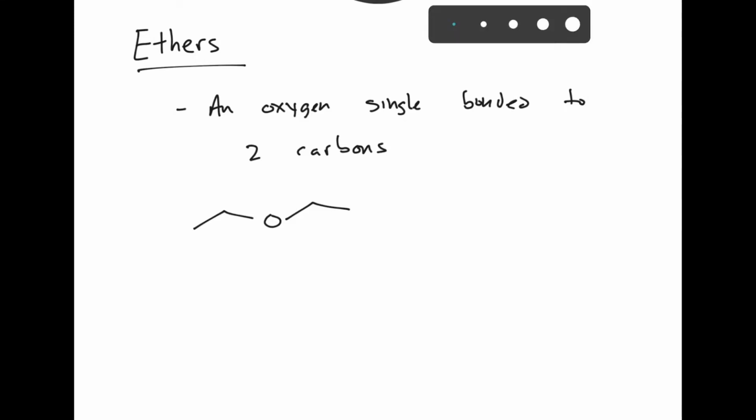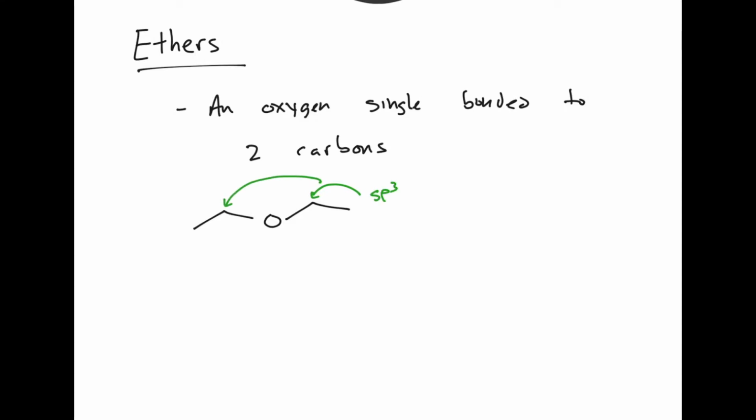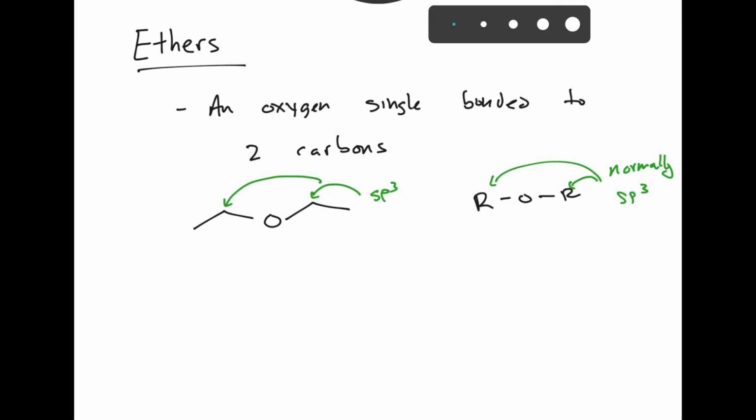Usually the carbons here are sp3 hybridized, right? In the simplest cases. So if you just had a generic R, O, R, these R groups are normally sp3 hybridized. They don't necessarily have to be, right?